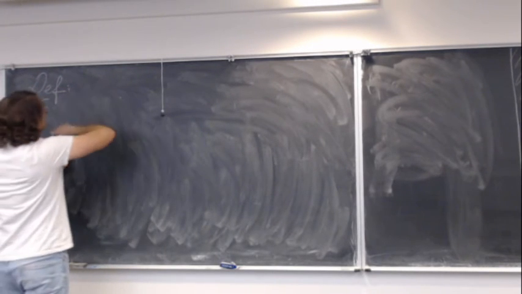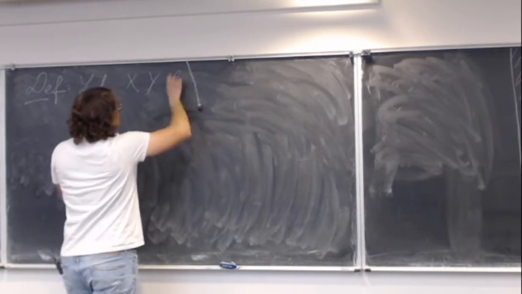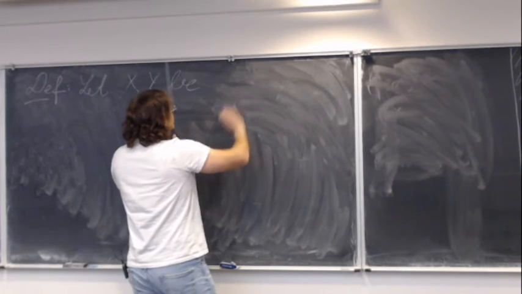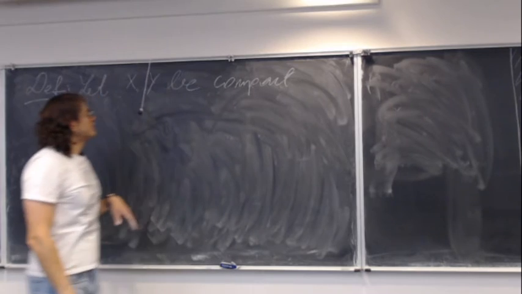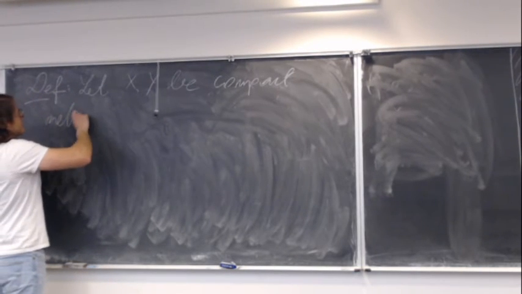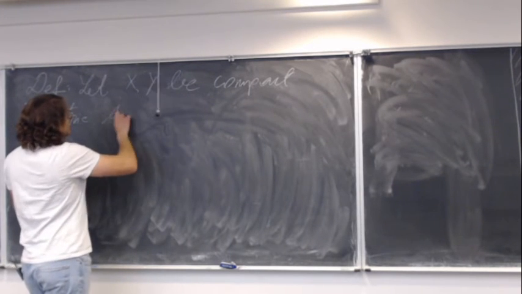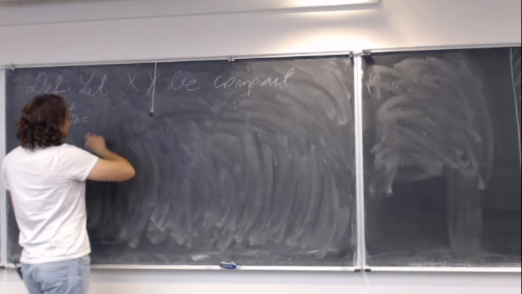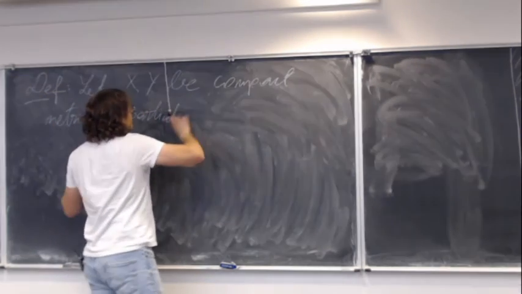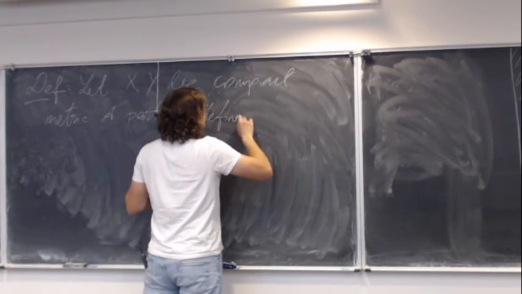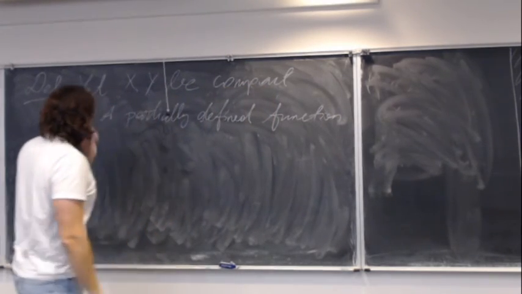Definition. Let X and Y be, for simplicity, compact metric spaces. I think that would be enough. Let me also choose measures.